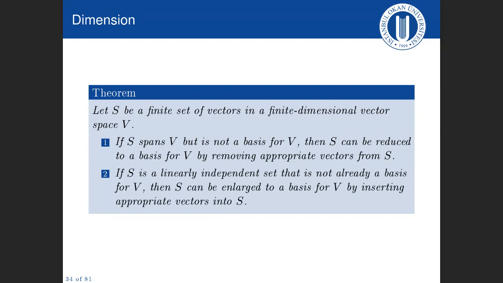Part 2, if S is a linearly independent set which is not already a basis, that means it's linearly independent but doesn't have enough vectors in it, then we can enlarge it to a basis for V by putting the correct extra vectors into it.